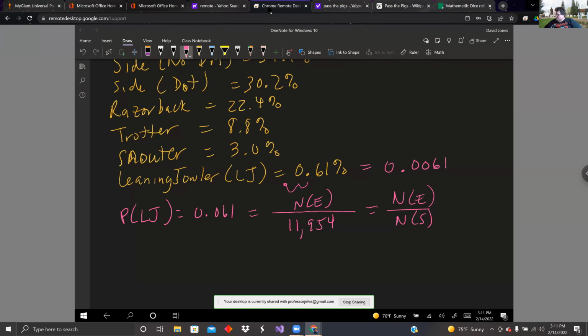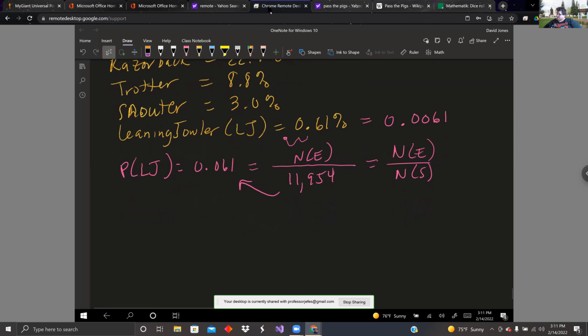If I multiply both sides by this 11,954, number of events that are leaning jowlers equals 11,954 times 0.0061. I don't have enough zeros over there.